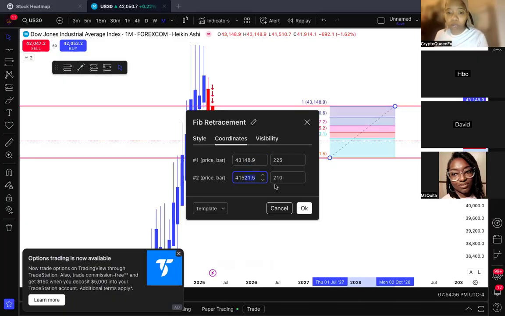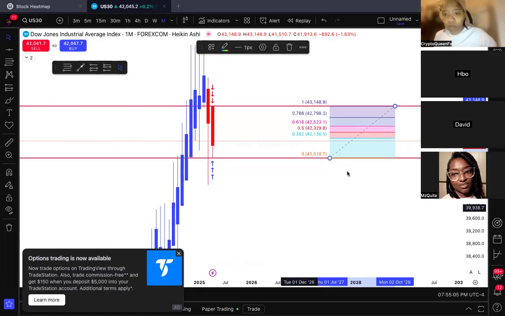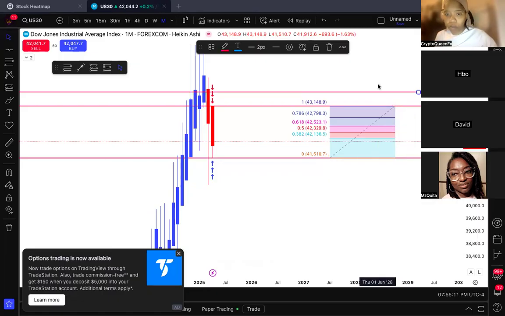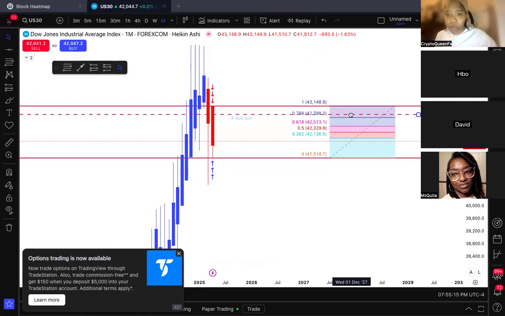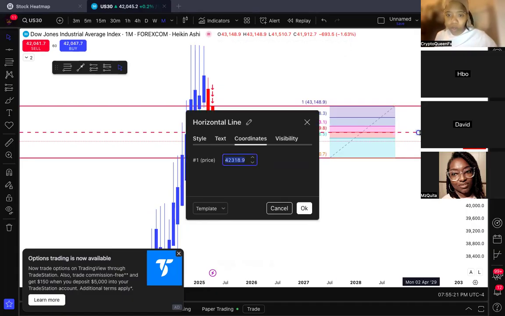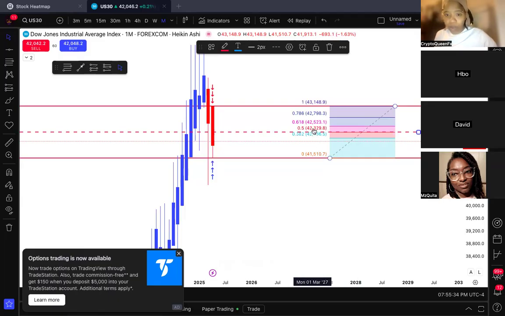The low is 41,510.7. This is gonna be our mid-month marker, 42,329.8. That's the 0.5 level right here.